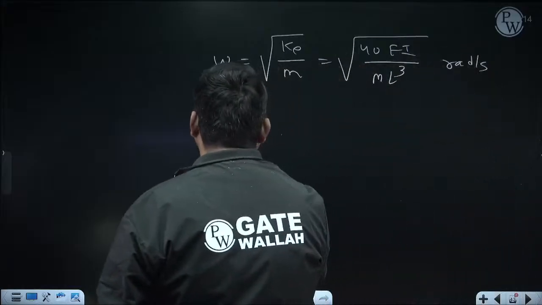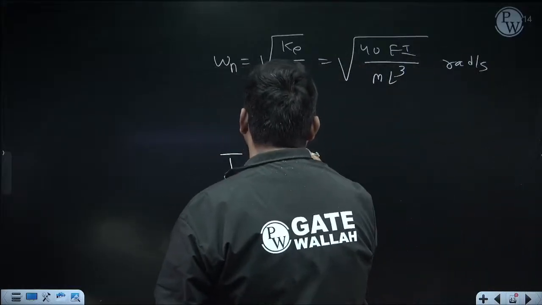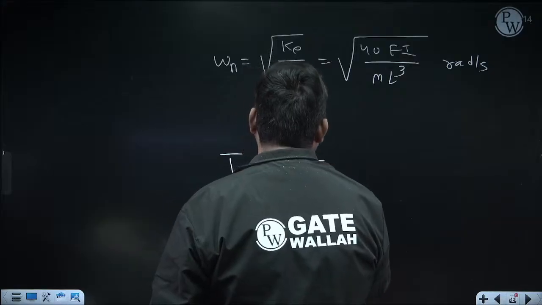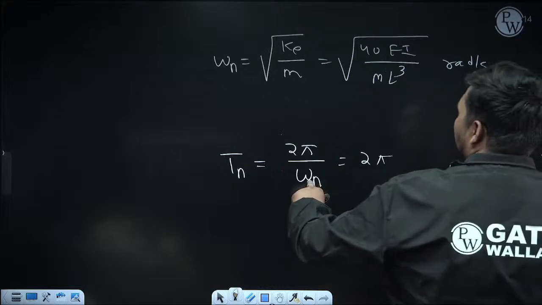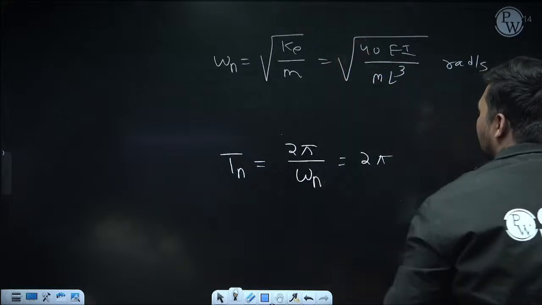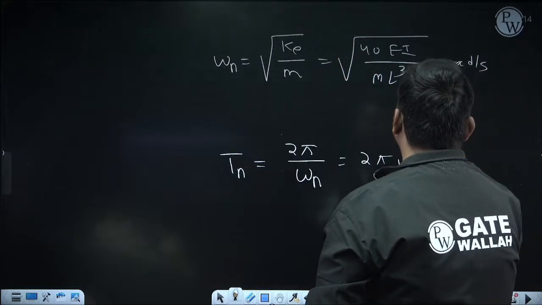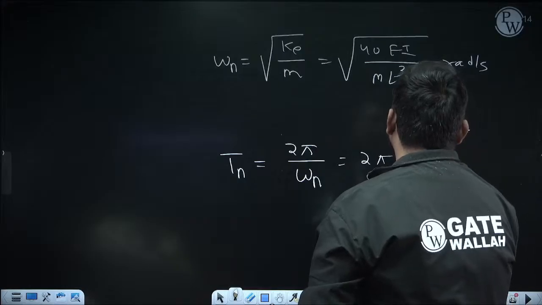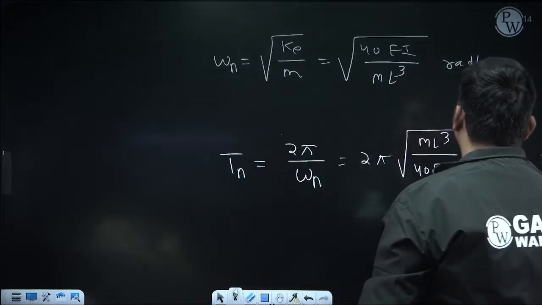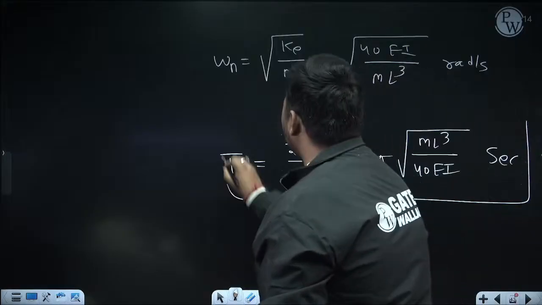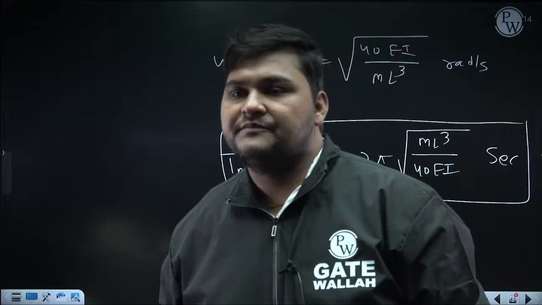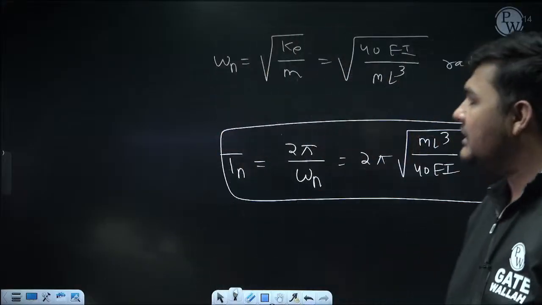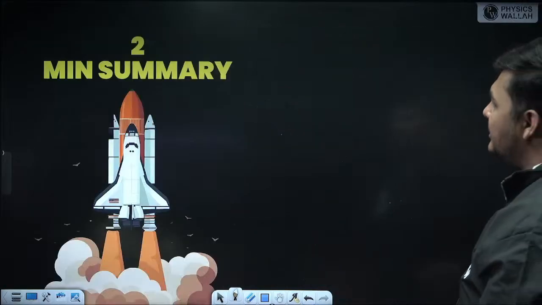So if the natural frequency in radian per second is omega n, time period will be 2 pi by omega n. Omega n is coming below side, means just reverse this. So it will be root over m L cube upon 40 EI, in seconds. So this is the expression of time period of natural vibration. Clear?